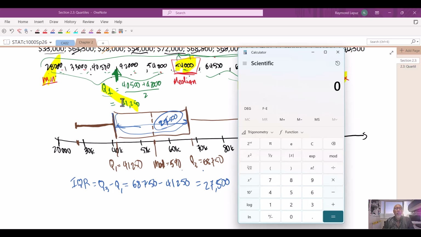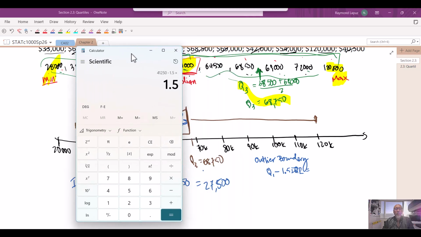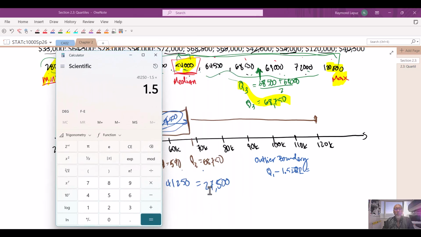So I'm looking at Q1, that's 41,250, right? And then I want to subtract, and this is where the multiplication happens, 1.5 times the IQR, and the IQR was 27,500. I get 0.